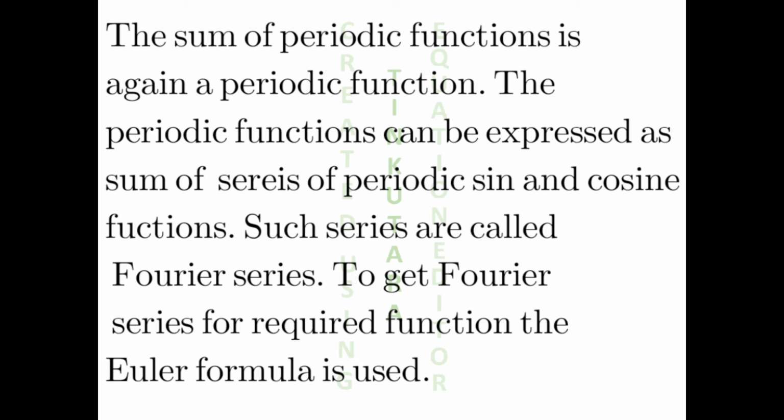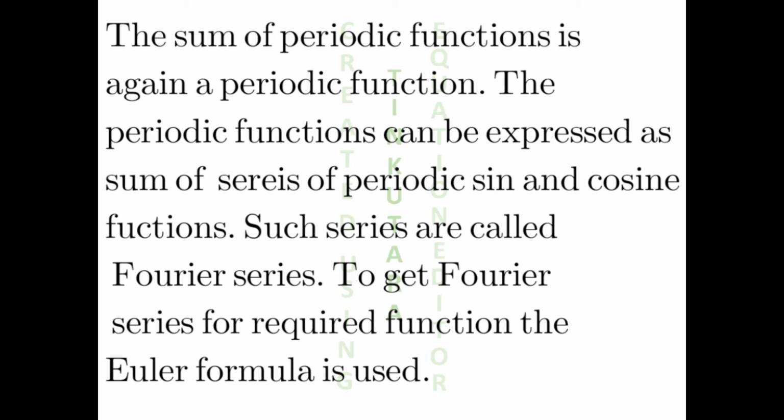If the given function f(x) is defined on the interval minus pi to plus pi, again the length of the interval is 2 pi. If the given function is defined for every x in the open interval minus pi by 2 to plus 3 pi by 2, here again the length of the interval is 3 pi by 2 minus minus pi by 2, that is again equal to 2 pi.